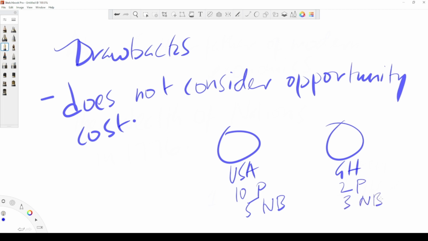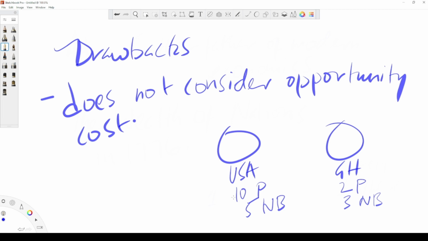Absolute advantage says USA is efficient in producing pens and notebooks, so there's no need to trade. However, it doesn't consider the fact that the USA could have a comparative advantage in producing one good over the other.